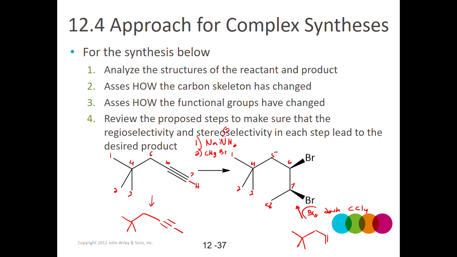But that reaction, based on the mechanism we talked about earlier today, the first bromine will form a 3-membered ring, and then the next bromine has to attack from behind to open up the 3-membered ring. And when it attacks from behind, it's going to end up in the opposite position from the other bromine. They're not going to be on the same side.